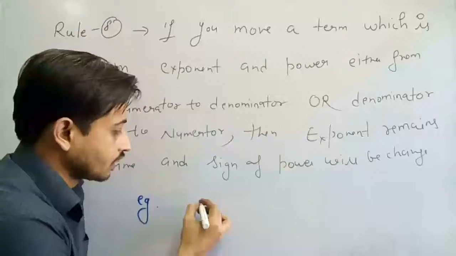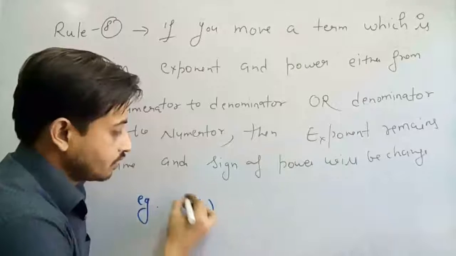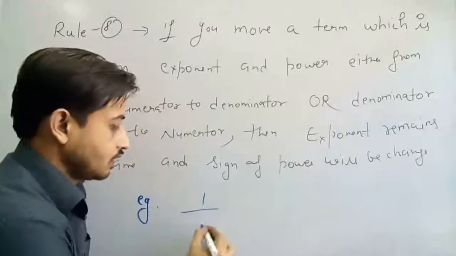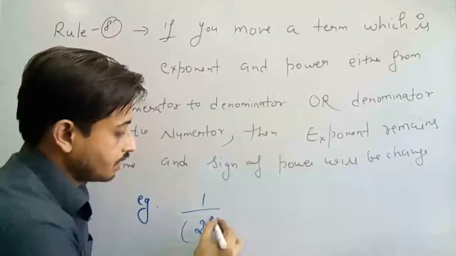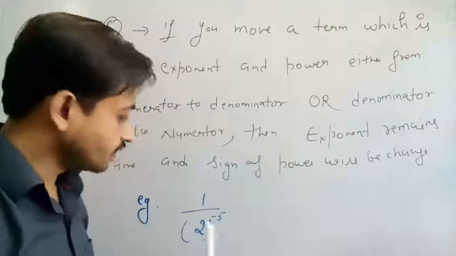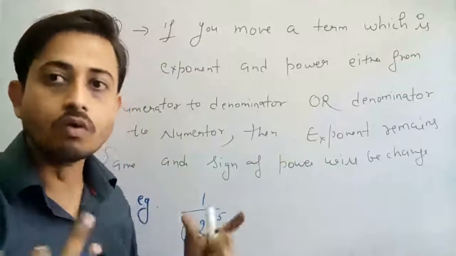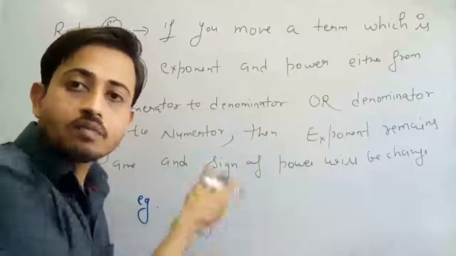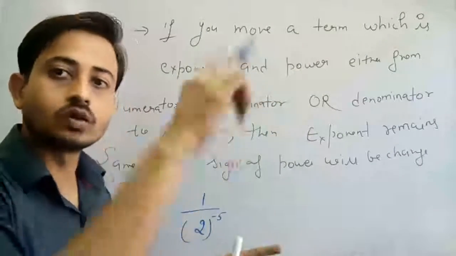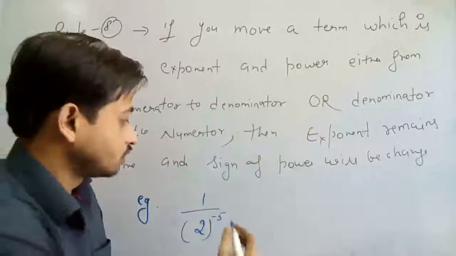For example, I am taking 2 raised to the power minus 5, and you want to make the power positive, or you want to move this denominator term to the numerator. It means you have to move the lower term to the upper term. So what is the answer?